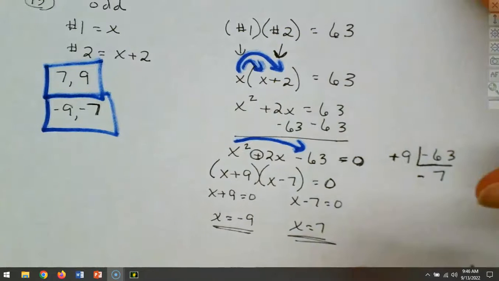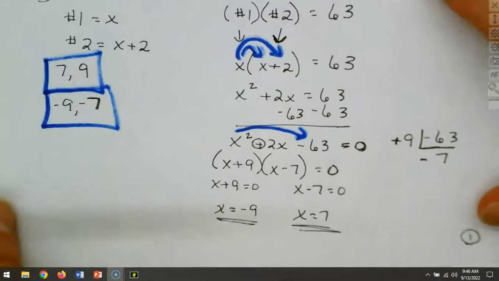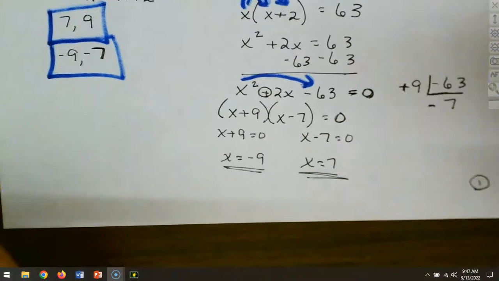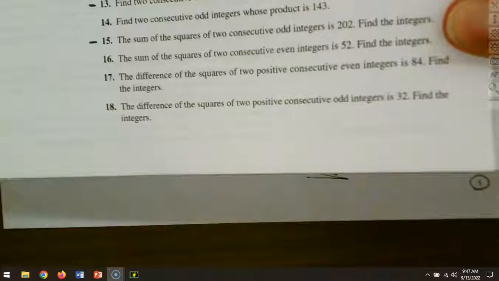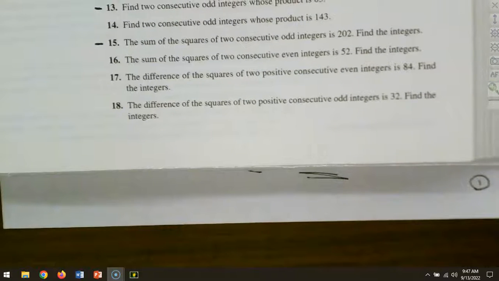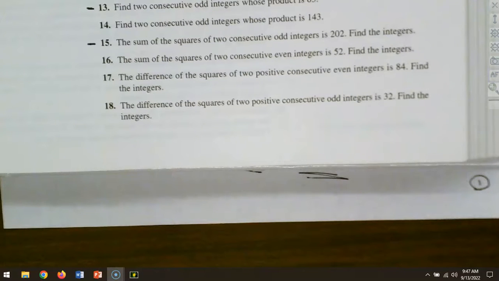Number 15 is the next one that we're going to look at, and it deals with sum of squares. So let's look now at question 15. Now, product was multiply, and this one we're going to be adding them together. So 15 says the sum of the squares of two consecutive odd integers is 202.